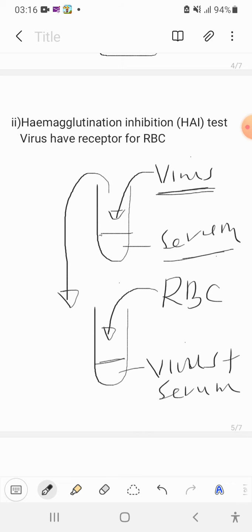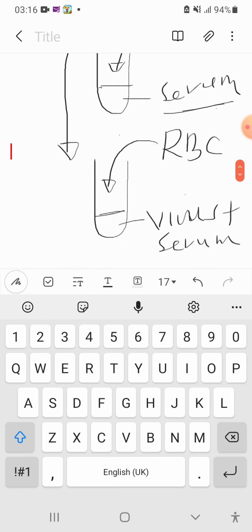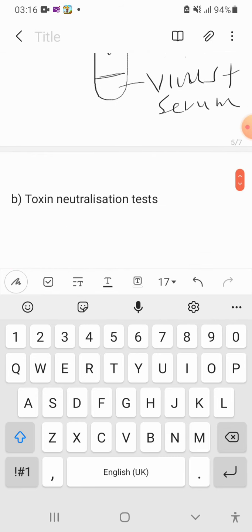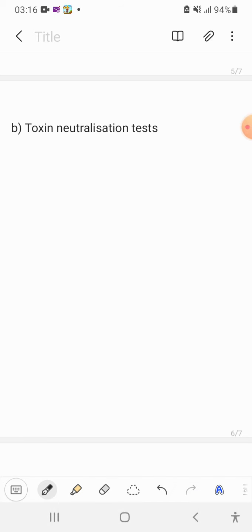So then we are through with the virus neutralization test. Now we move to the toxin neutralization test. A number of microorganisms produce toxin known as exotoxin, because this toxin works outside the bacteria cell.